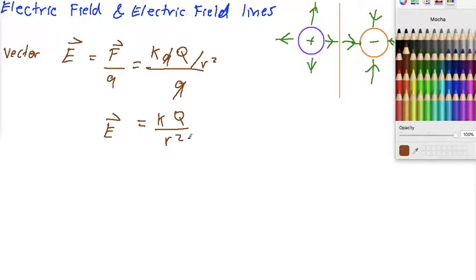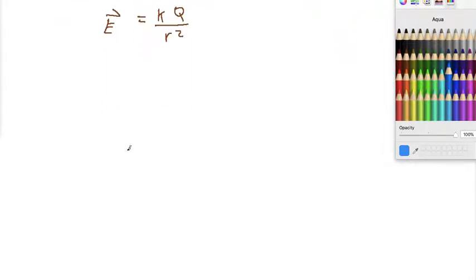So now let's do an example. Let's do examples like always. Let's move here, keep that formula in mind. And now let's say there are two charges, actually one charge, because we're only caring about one charge. One of them is positive, the other one is negative.